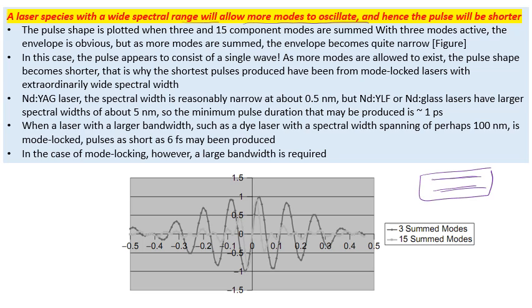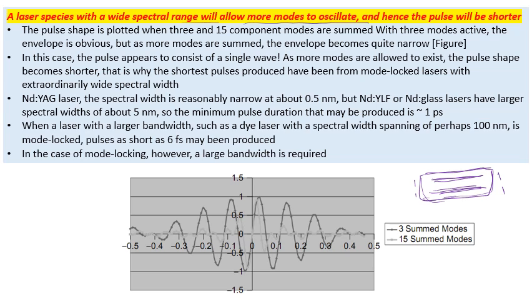We already studied what the longitudinal modes are. We can eliminate longitudinal modes by using apertures to limit the gain of the lasing medium. If the laser medium has a wide gain range, then more longitudinal modes will be oscillating.